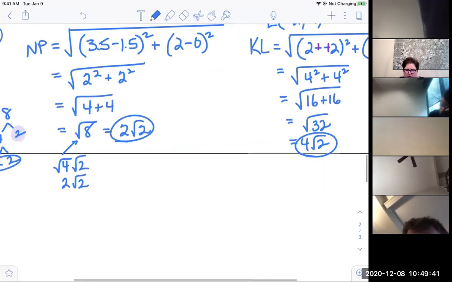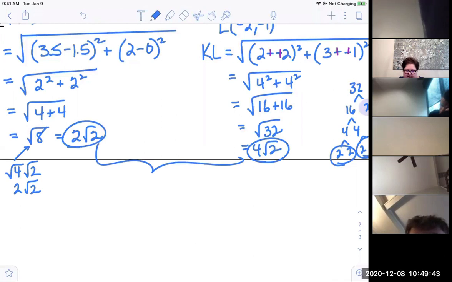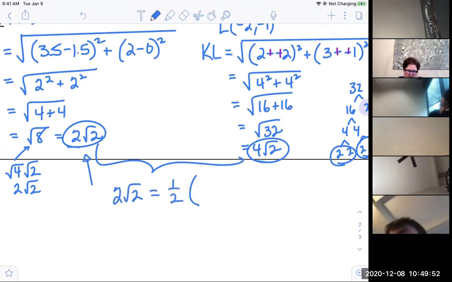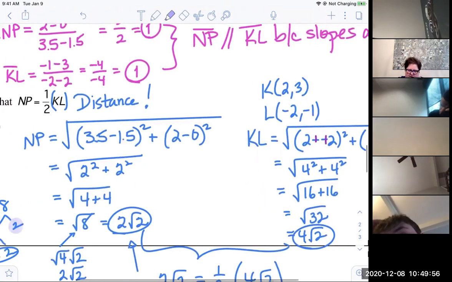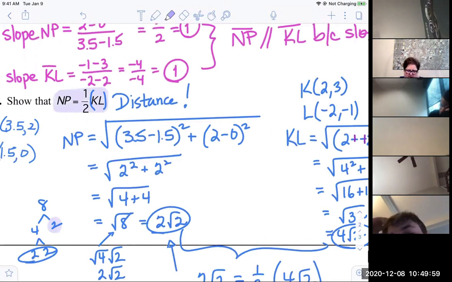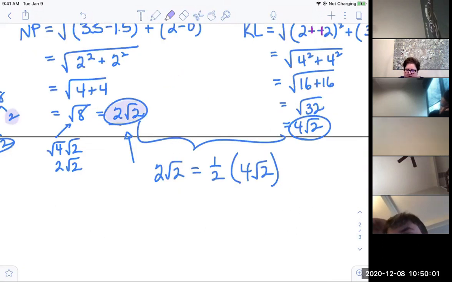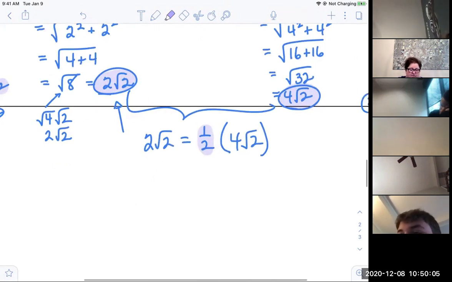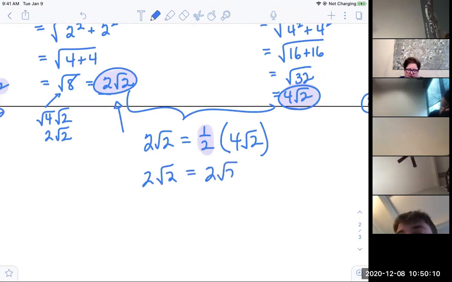Okay, so what we were supposed to check is that the length of the 2 root 2 segment is equal to 1/2 the length of the 4 root 2 segment, right? That's what it said up here to show. So show that that answer and that answer are related by one of them being half the other. And that's true, right? Half of 4 root 2 is 2 root 2. You don't do anything with the number underneath the radical. You just divide the 4 by 2.